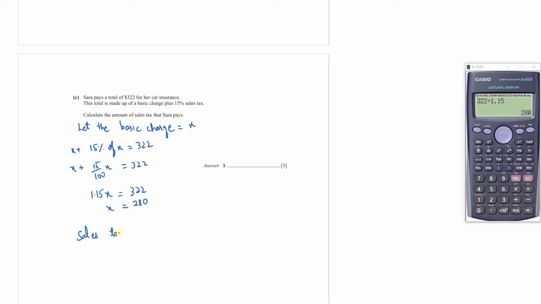So sales tax will be equal to 15 over 100 into 280. So 15 divided by 100 into 280. So that is 42. So your sales tax is $42. You can also calculate this by subtracting 280 from the total she paid. So 322 minus 280 will be the sales tax, which is also 42.